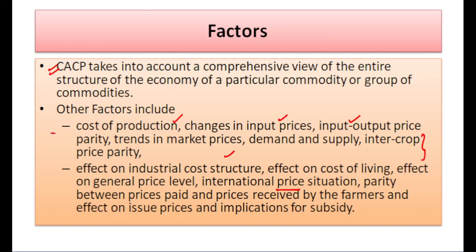So all these factors are considered. So again pause the video, read about all the factors that are considered, because it can be a probable question again in the prelims.